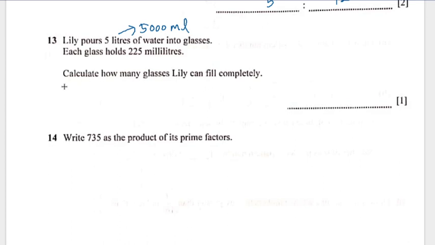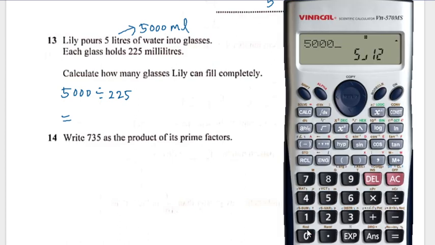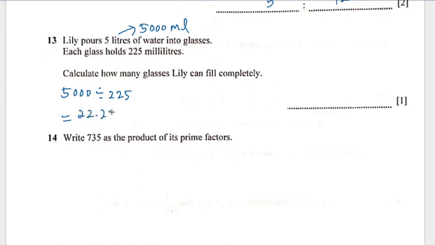So let's see how many glasses Lily can fill completely. So we need to divide, isn't it? We divide 5,000 by 225, we will get 22.22. So in this case, she can only fill 22 glasses.